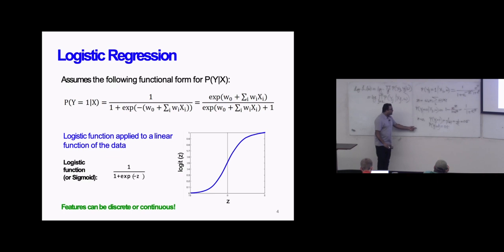But if your dot product is a very high number, what happens? If your dot product is equal to positive infinity, what is this one?